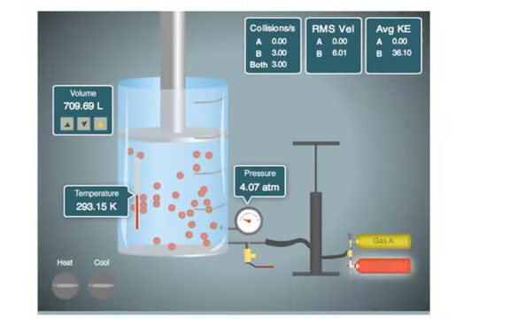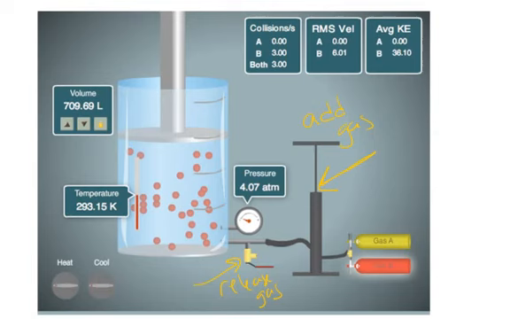Let's take one more look at the simulator so that when you start using it, you'll be ready. This is a pump, and the purpose of the pump is to add more gas to the container. So we can add gas by tapping on the handle to the pump. This is a release valve, and so we can release gas by tapping on the yellow valve here.